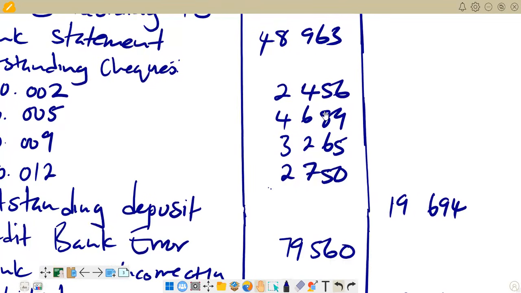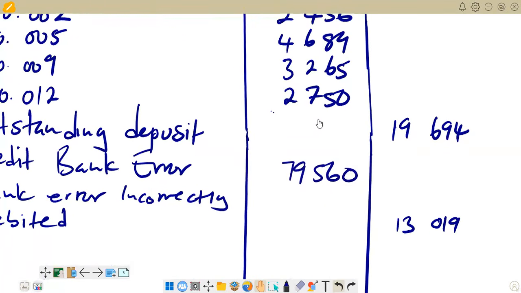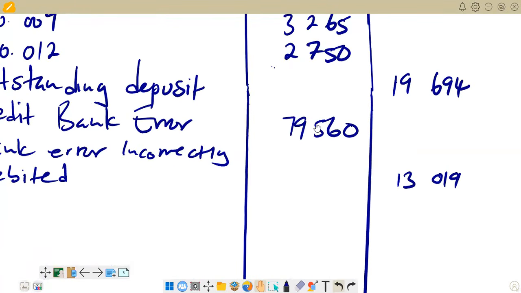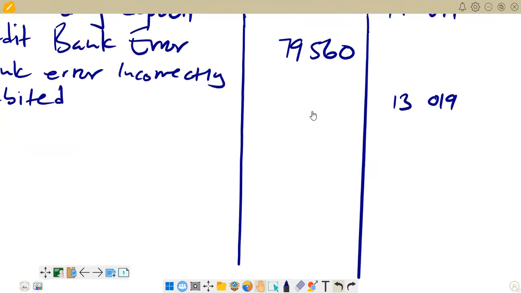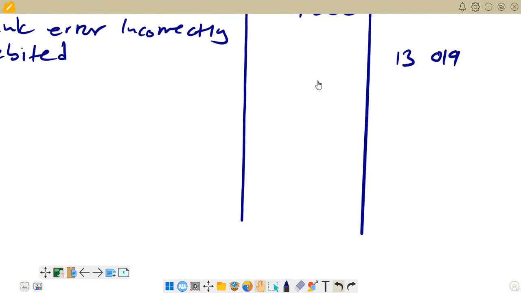If you add the debit side, the total that we are going to get for the debit side there is 141,683. This is the total for the debit.